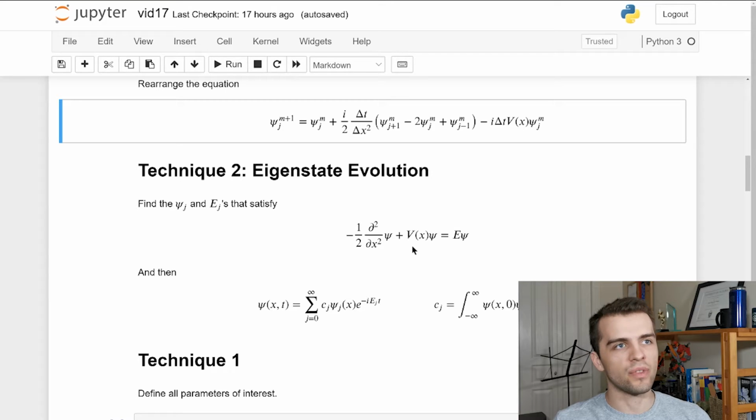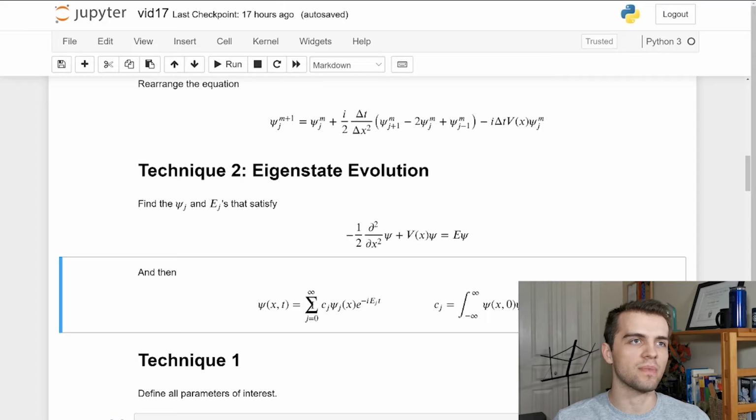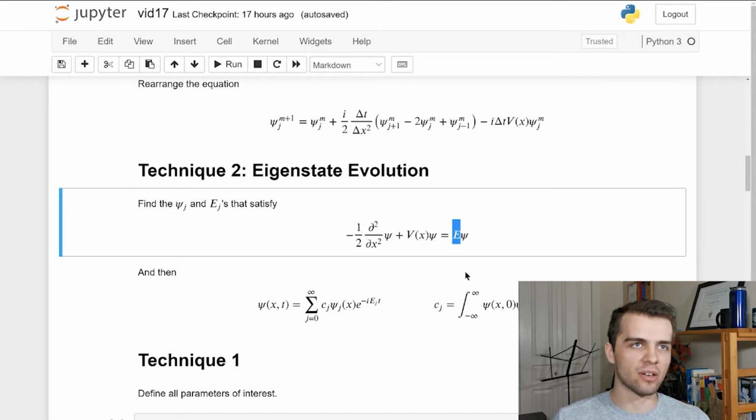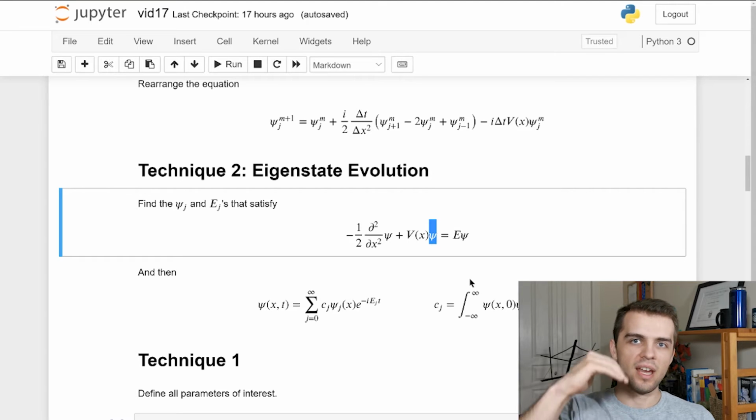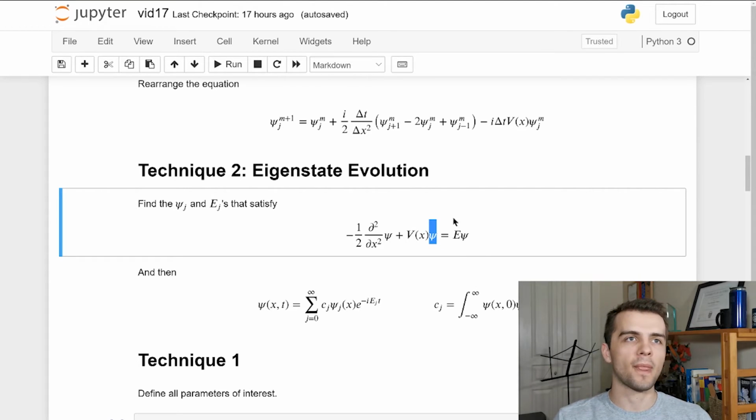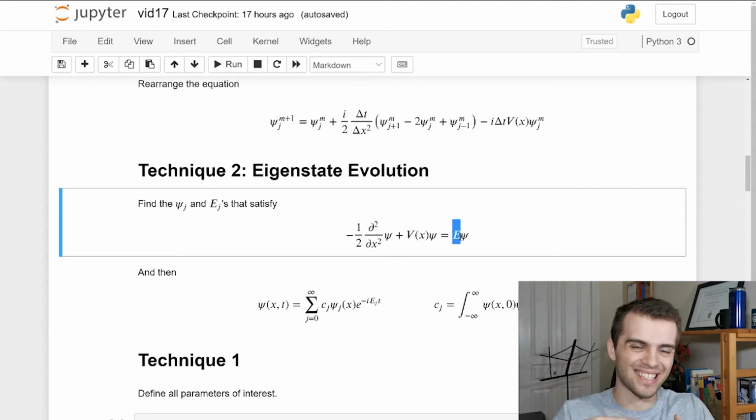And so you can solve this, and then your time-dependent equation just becomes, you look for the eigenstates and the eigenenergies that satisfy this equation. So there are only certain energies E and certain functions psi that satisfy this. And there's infinitely many of them. And they're sort of separated apart. So this is sort of the quantized stuff in quantum mechanics.